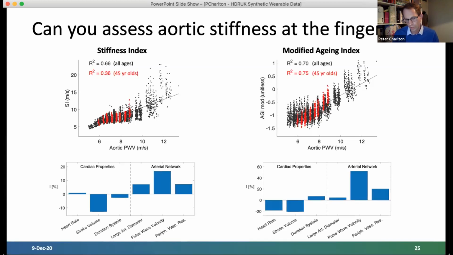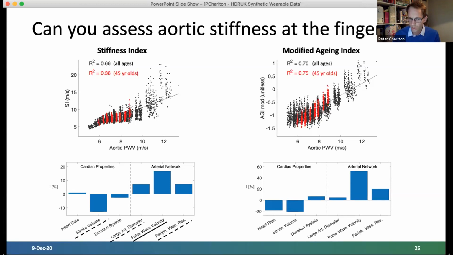These plots below show the influence of individual input parameters on the index extracted from the PPG. And so, for instance, for the stiffness index, the pulse wave velocity, the reference measure of stiffness, had a large influence on the stiffness index.